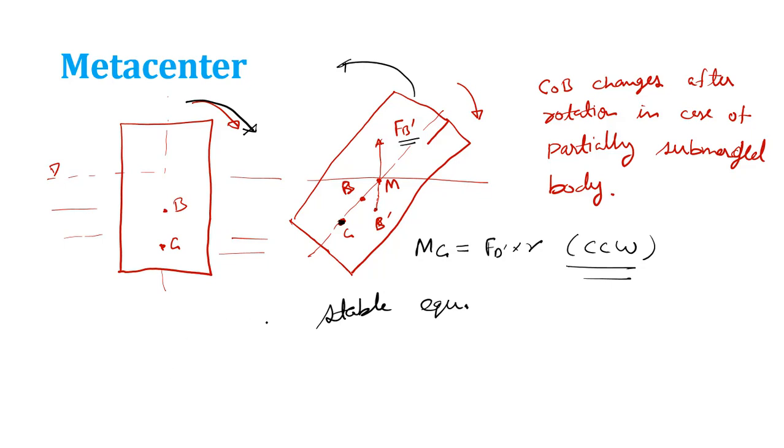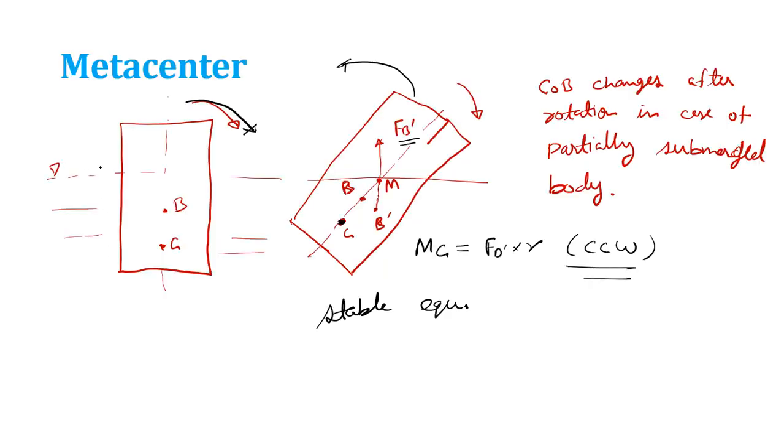Okay, what will be the case when it is unstable equilibrium? Let us try to understand that. We'll draw another figure. Let's suppose this is the rotated thing, having G here and buoyancy here, and B dash comes here, right?